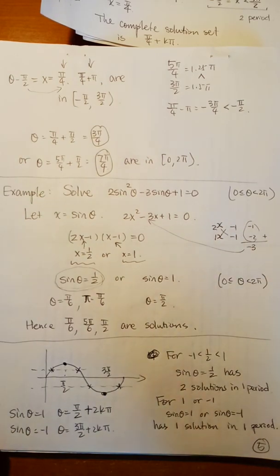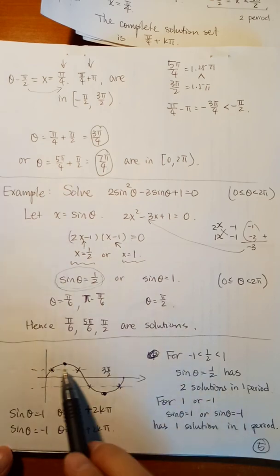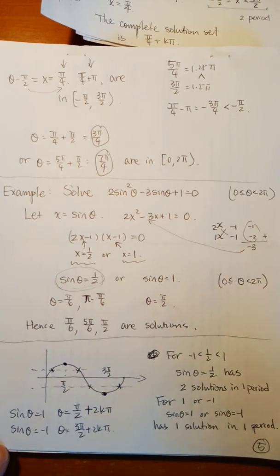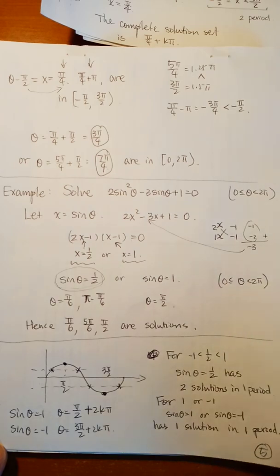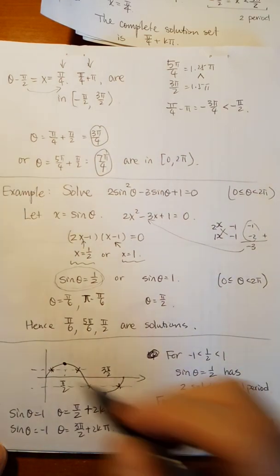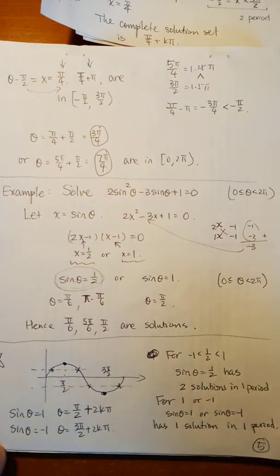Tangent in one period, there's only one solution. But for the sine and the cosine in one period, it may have two solutions. It may have just one solution. Be careful. This is important.